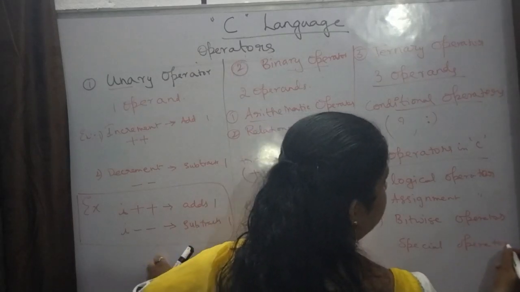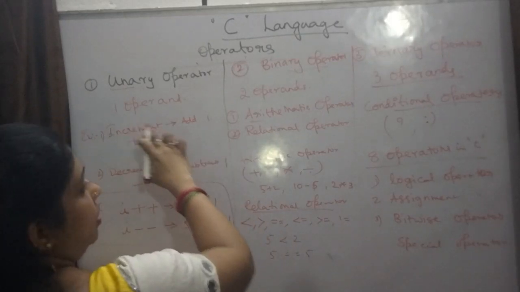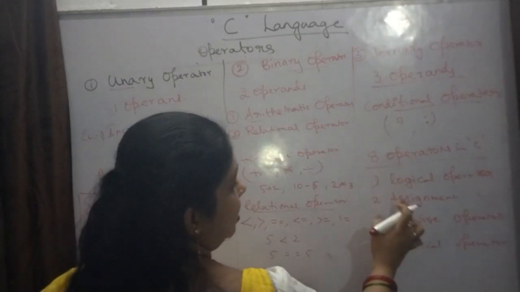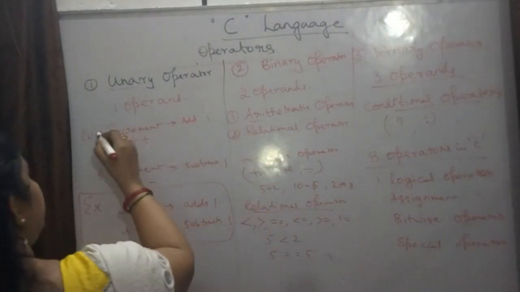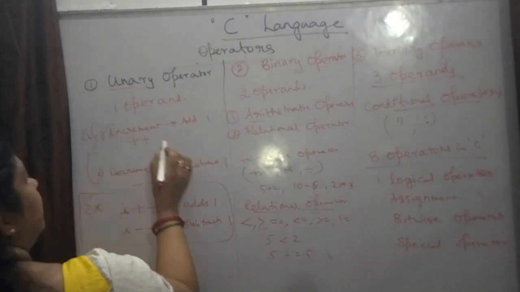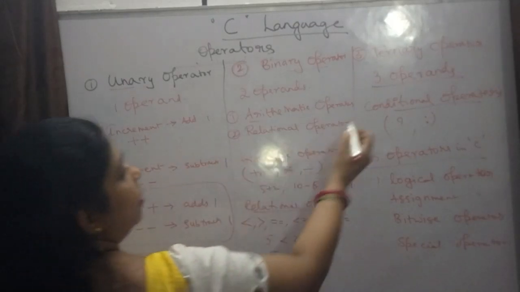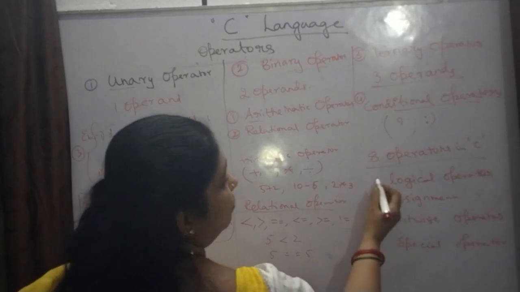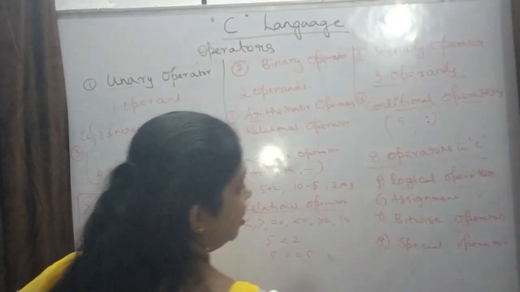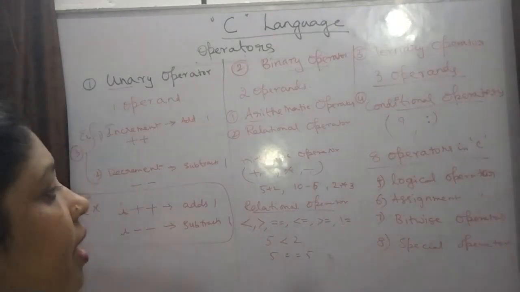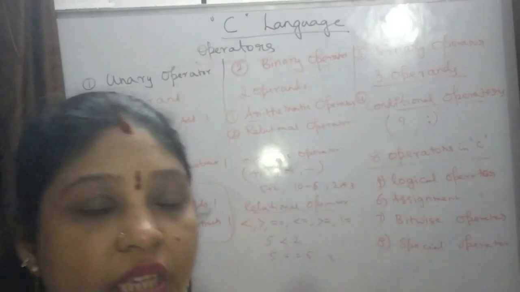Altogether, check how many there are: 1, 2, 3, 4, 5, 6, 7, 8. Arithmetic and relational are 1 and 2, increment and decrement is third, fourth conditional, fifth logical, sixth assignment, seventh bitwise, eighth special. So these are the types of operators in the C language.